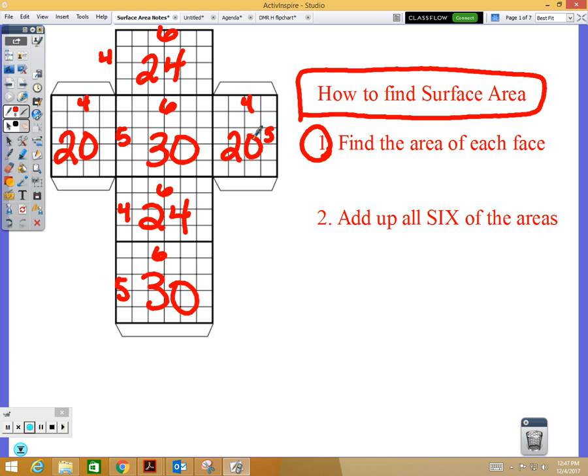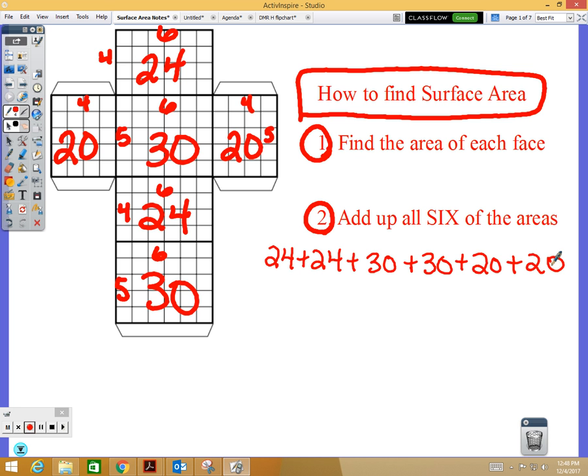And then, to find the surface area, you just add up all 6 of the faces. So we had a 24 and a 24. We had a 30 and a 30. And we had a 20 and a 20. Okay? So a lot of people group those like this because it made it a little bit faster if you group them.